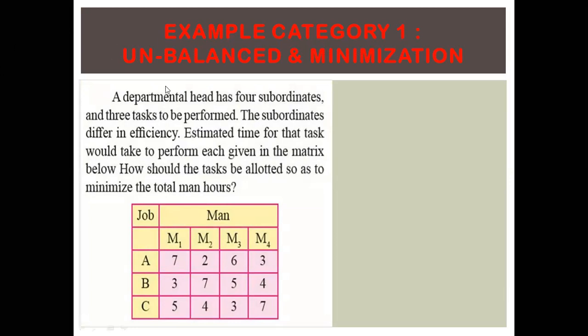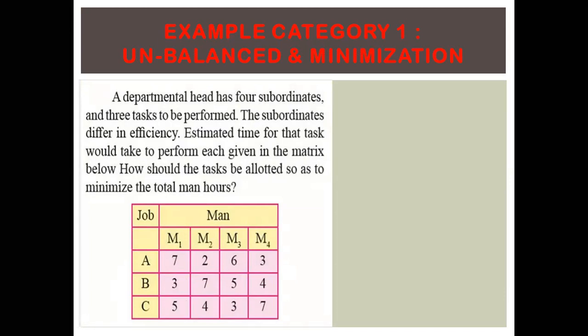Now as you can see, the very first thing is you have to check that the rows should be equal to the columns. What is your observation over here, class? Here you can see there are only 3 rows, A, B and C. But there are 4 columns, M1, M2, M3, M4.